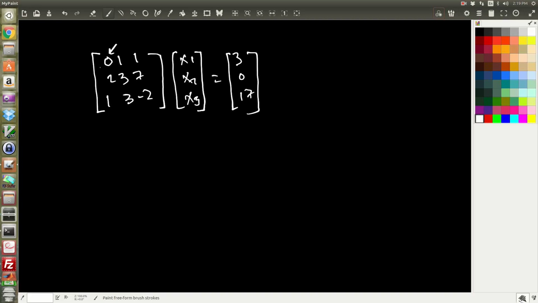So now when we try and do Gaussian elimination, we actually can't use this first row to introduce zeros to the second row and the third row because there's a 0 here. So what do we do? Well, the answer is simple.